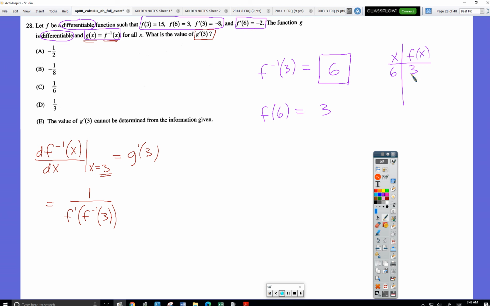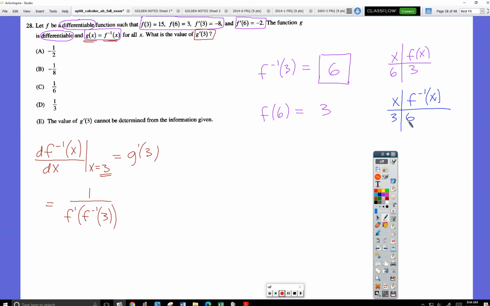Okay with that? The inverse function of f is exactly the same list of xy pairs. It's just they are swapped. So my xy pair list for f inverse would look like this. Like that. So no, nothing to do with derivatives, nothing to do with calculus.